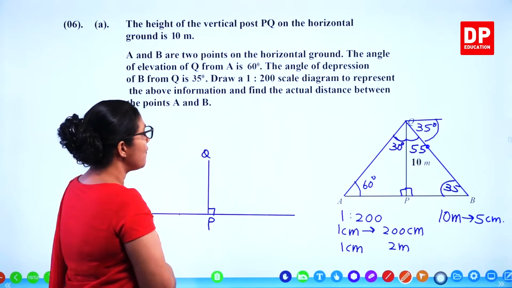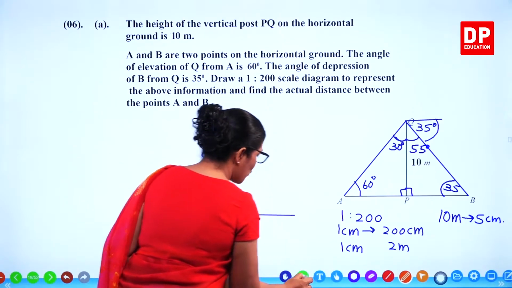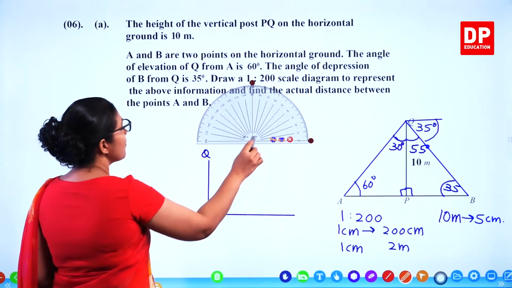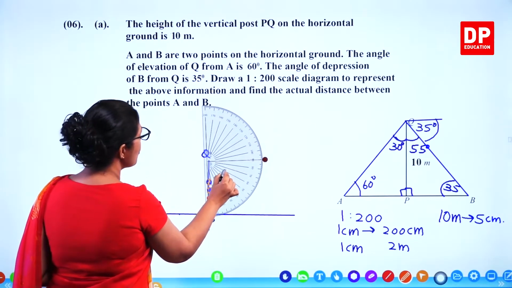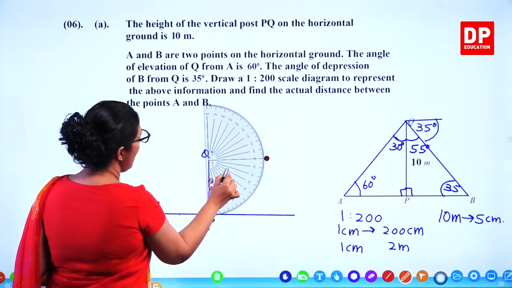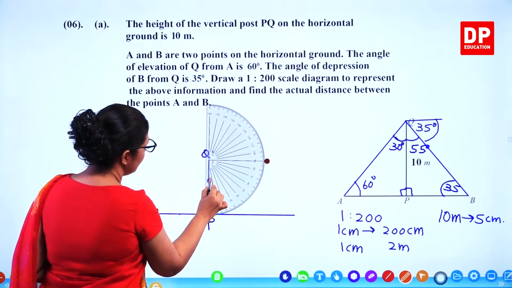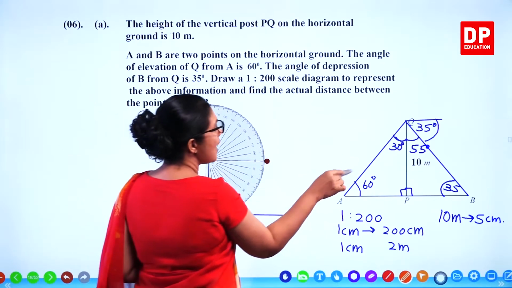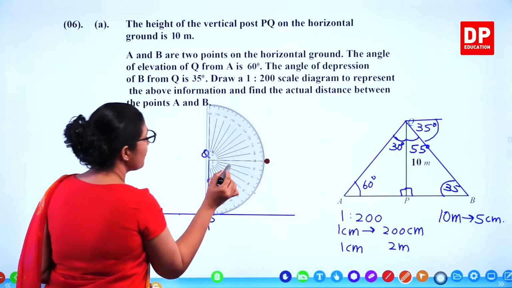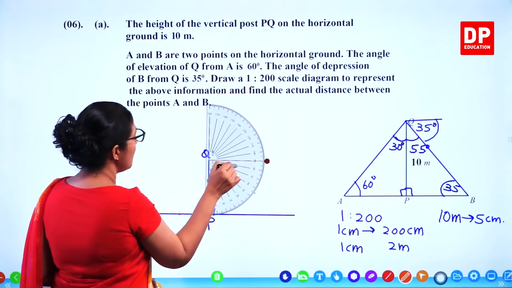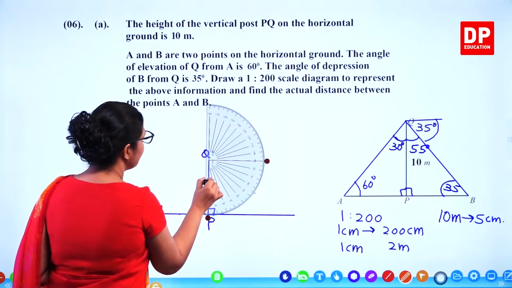So 55 and 30 degrees we have to draw. So take the protractor. We need to measure the two angles. To this side, that's 55. 10, 20, 55 is here. And we need other way around.